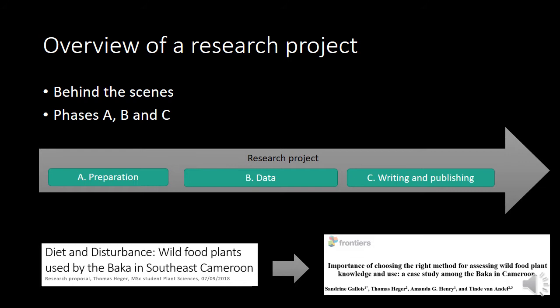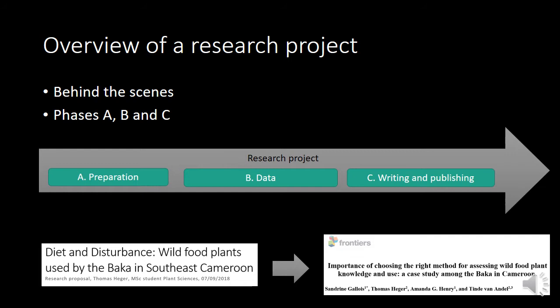And I've identified three phases in this process. This is my own idea, so it's not written in stone. But I thought that there are really three phases: the preparation phase, the data collection and processing phase, which I've just shortened to data to make it clearer, and the writing and publishing phase.